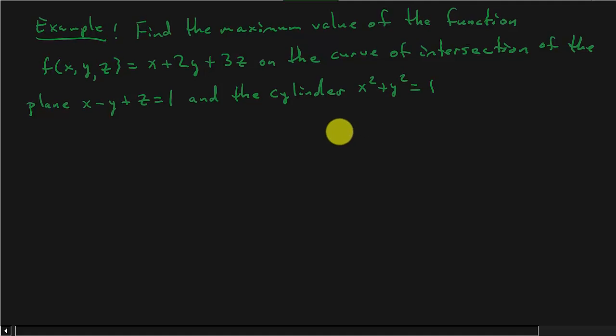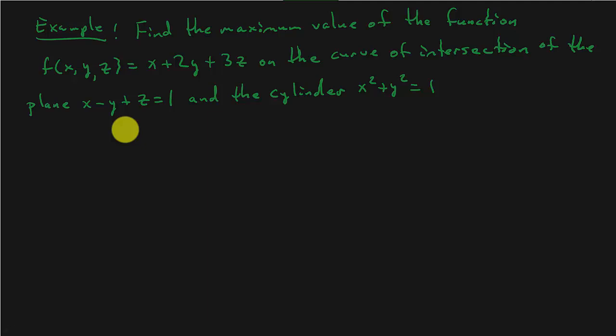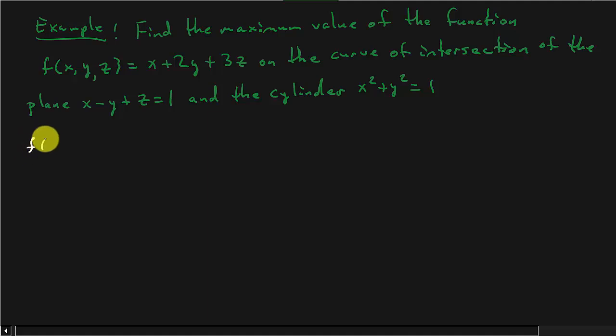All right. So it says find the maximum value of the function f(x, y, z) = x + 2y + 3z on the curve of intersection of the plane x - y + z = 1 and the cylinder x squared + y squared = 1. All right, so let's just go ahead real quick and write down our functions here. f equals x + 2y + 3z.